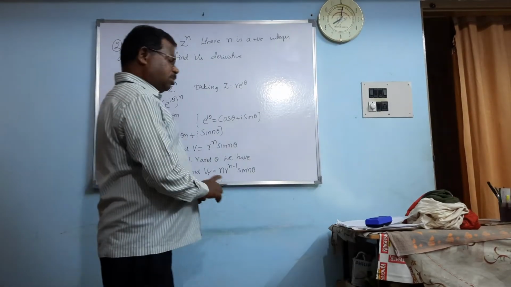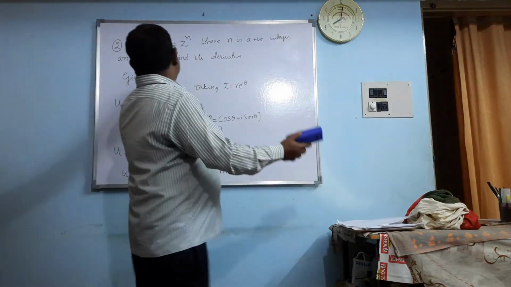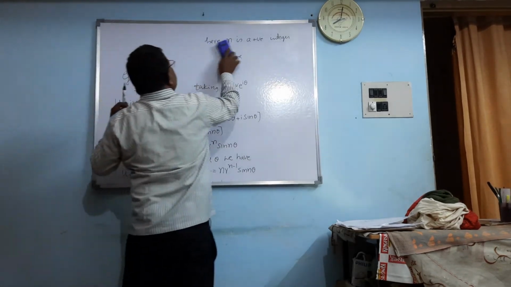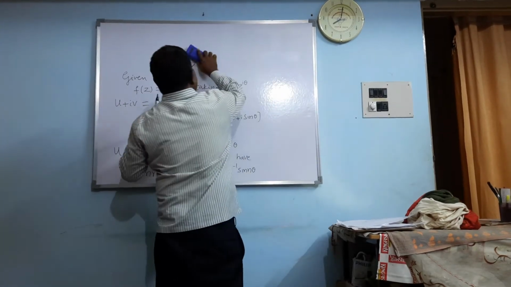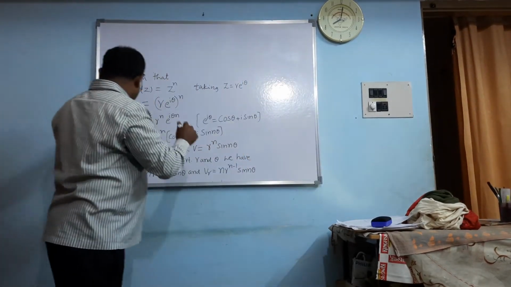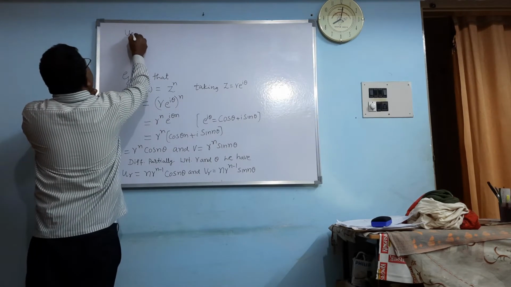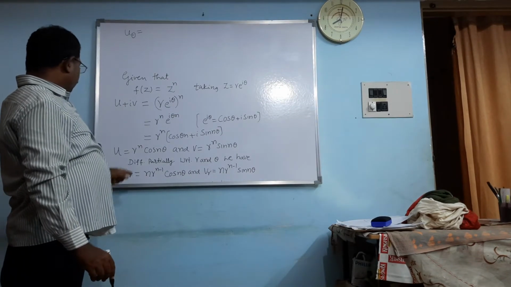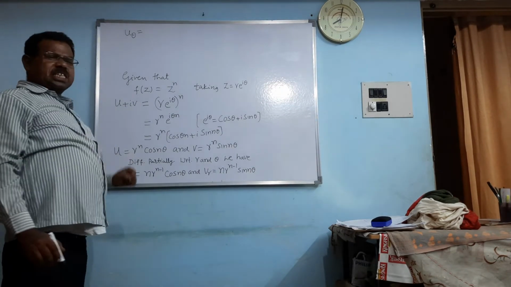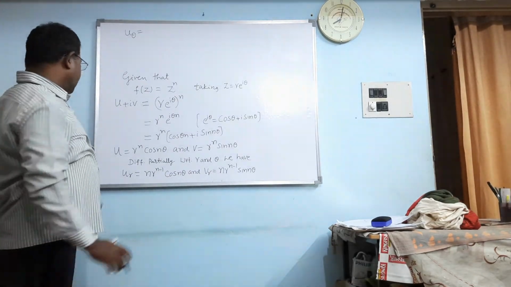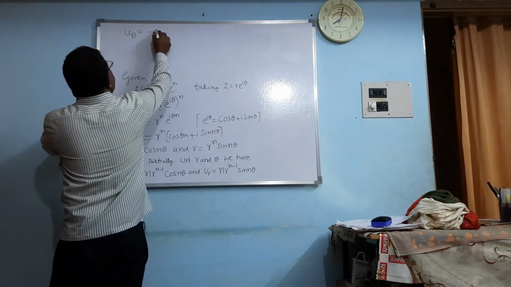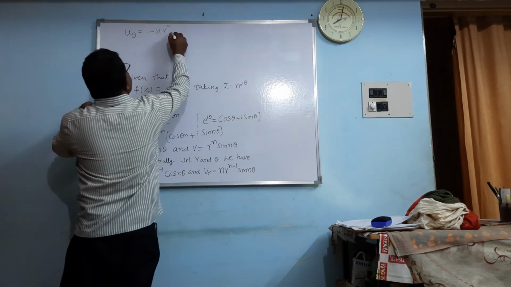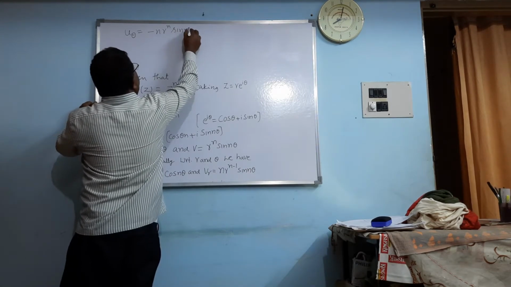Next, differentiating partially with respect to theta: u theta, the derivative of cos is minus sin n theta into n, so minus n into r to the power of n sin n theta.